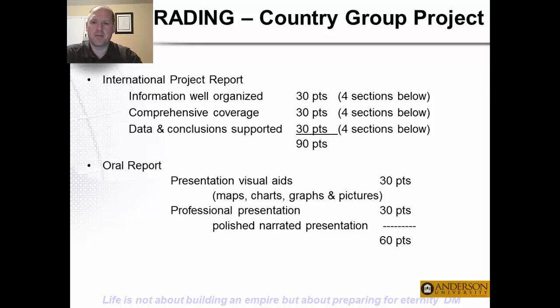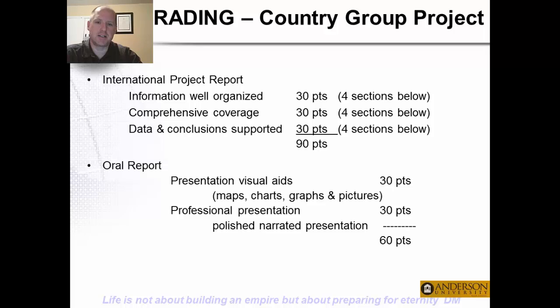But you have not only the information being well organized, but also comprehensive information, the data and the conclusions being supported. And here it is really important to have references to what you're presenting. This comes about by doing some research, and you want to prove this to me by putting references.